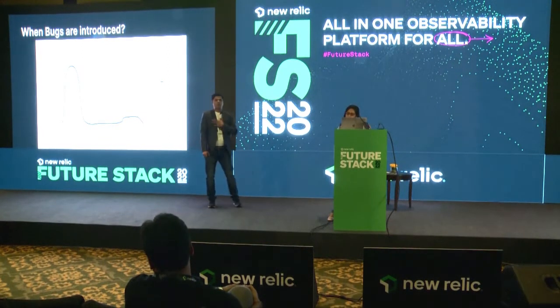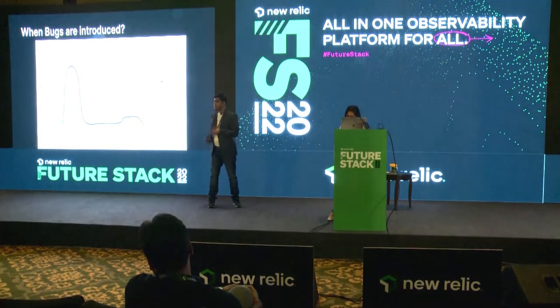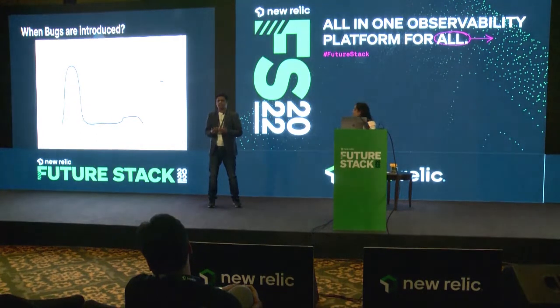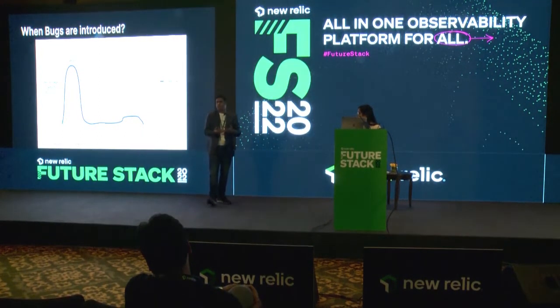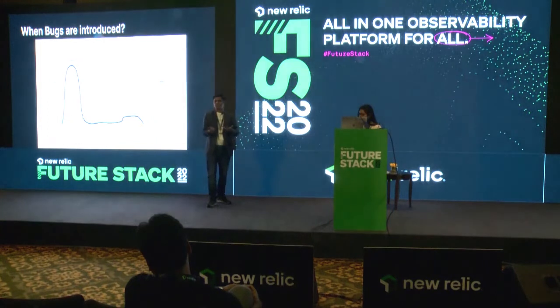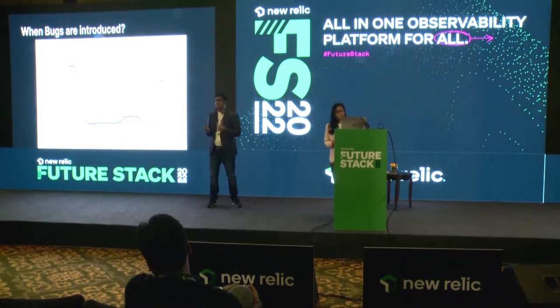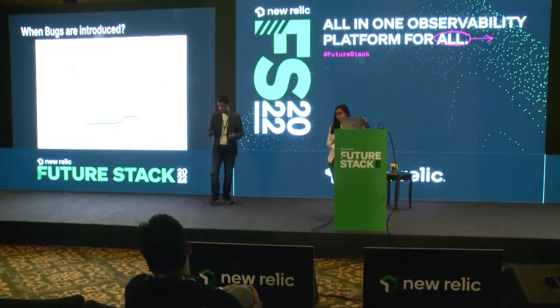We all know that when we are trying to build the application, or the developers are writing the code, most of the bugs get introduced at that point in time. It's like 85% or so of bugs that are introduced when a developer is writing code, right? That's correct, right?